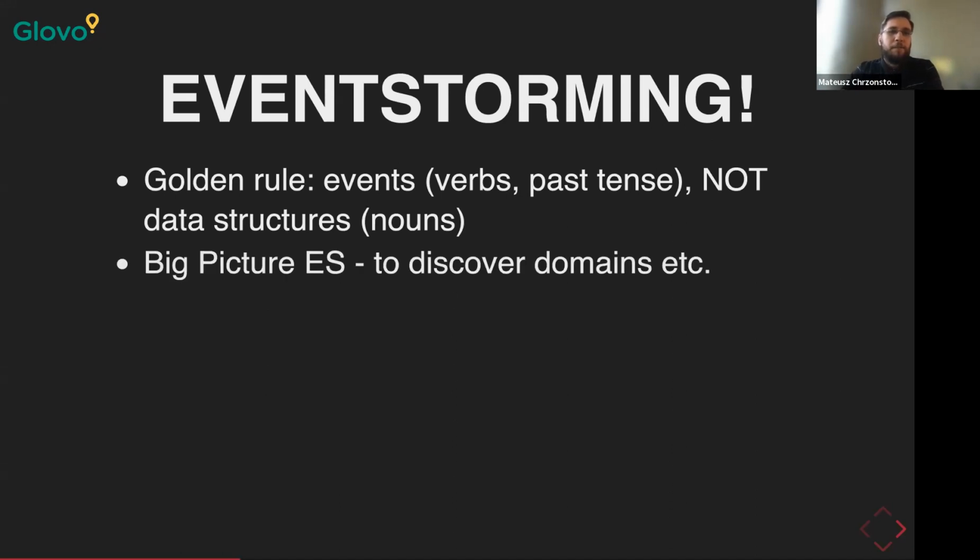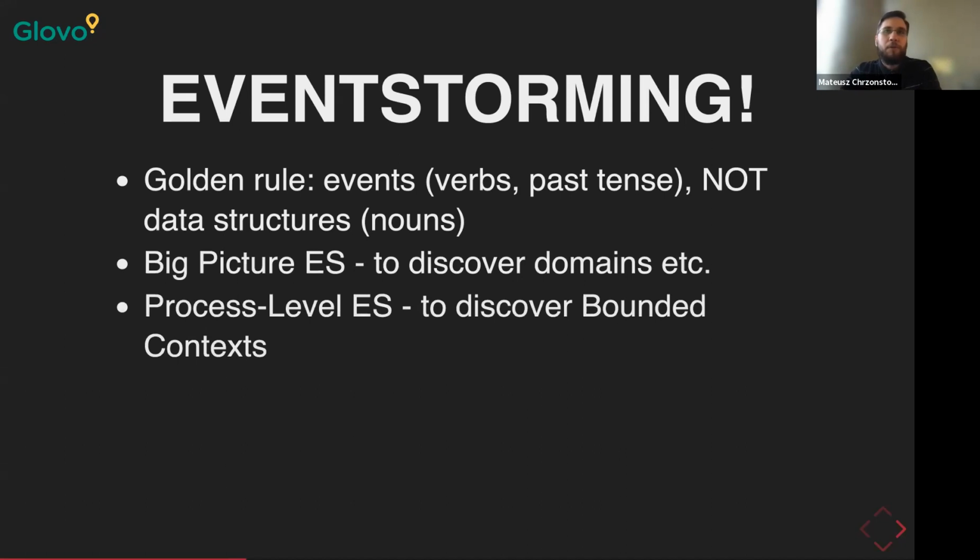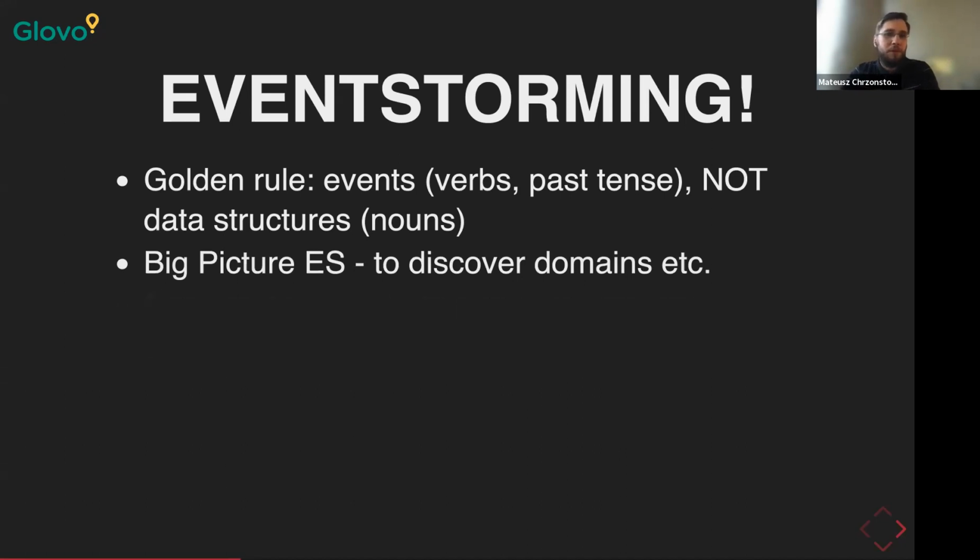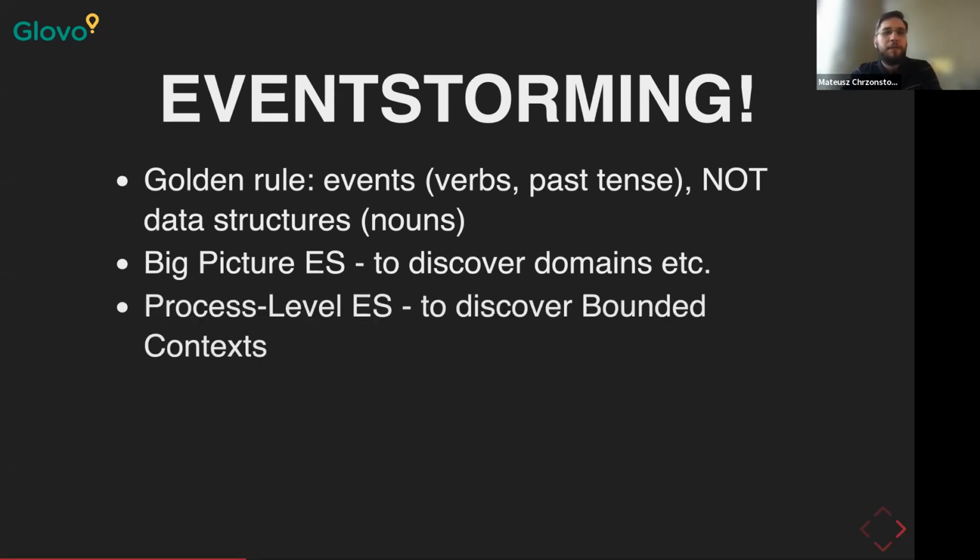Then there are three kinds of event storming, I would say. There is big picture event storming to discover domains, to follow some simplified notion, to even sometimes find a vision for your company. This is when you go for domains. Then there is process level event storming, sometimes called process mapping. This is when you have this big picture, when you divide the system into domains, and then proceed with bounded contexts.